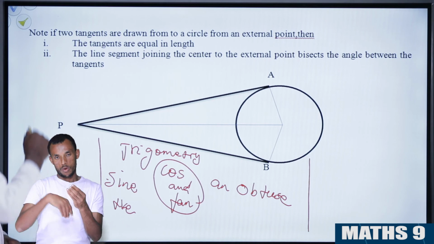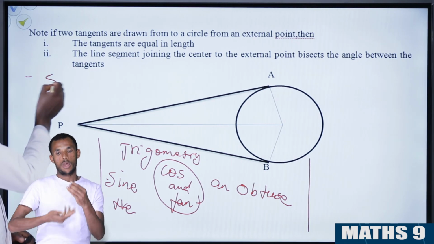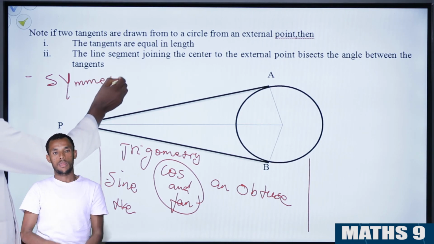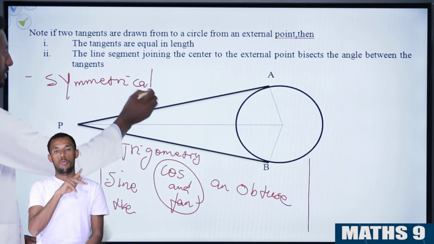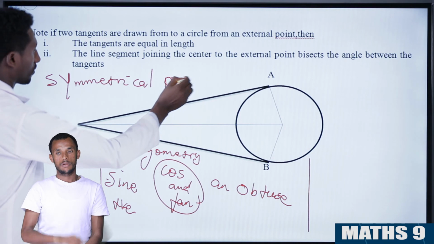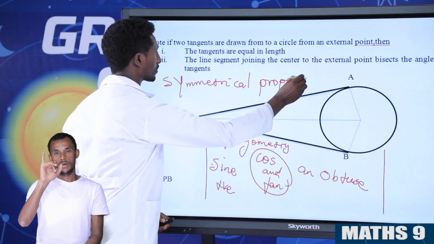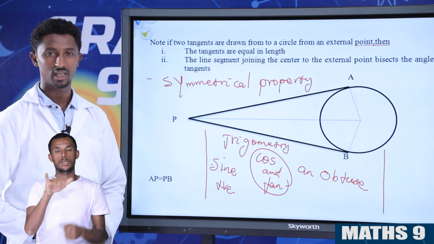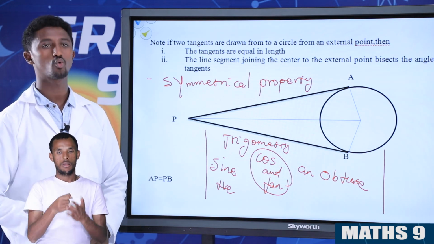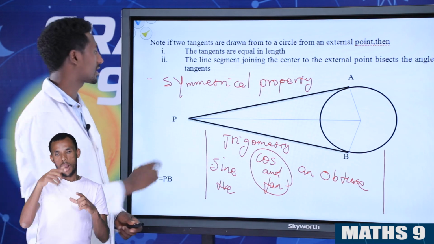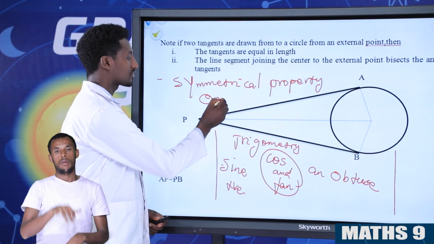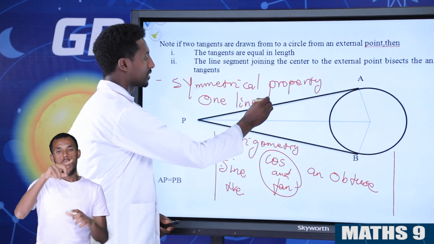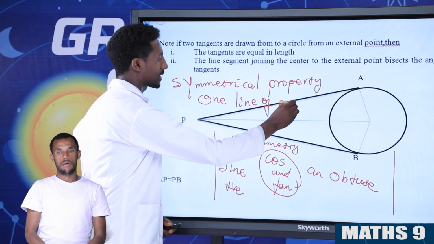And also in the circle, we have covered the symmetrical property. A given figure is said to be symmetrical if it has at least one line of symmetry.